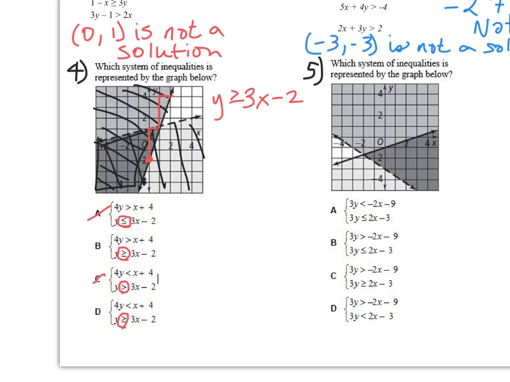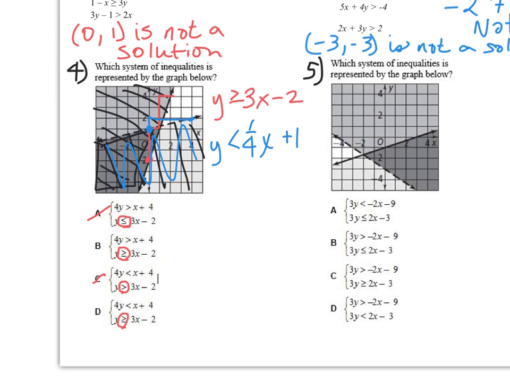To write that equation, my dotted line begins at positive 1. My slope is up 1, 2, 3, 4, so my slope is 1/4 x. And I'm shaded below, so it's going to be less than. Both B and D have 4y, right?